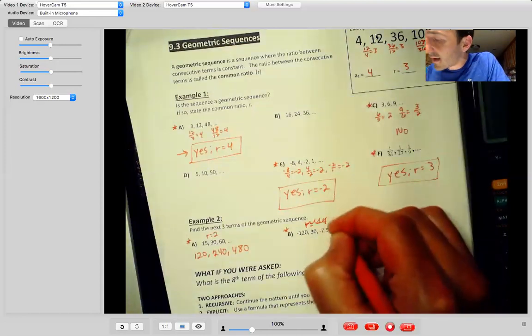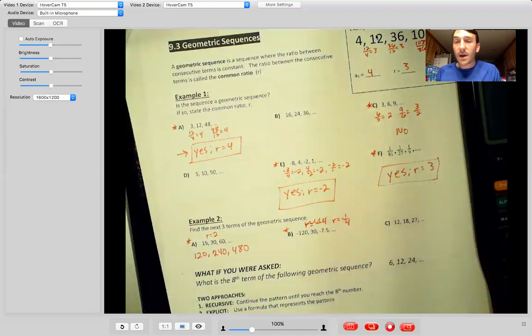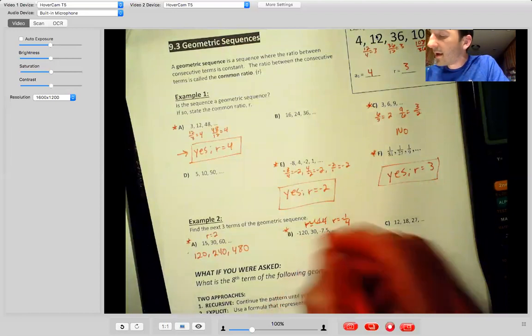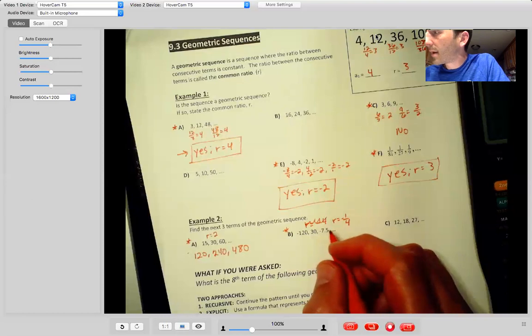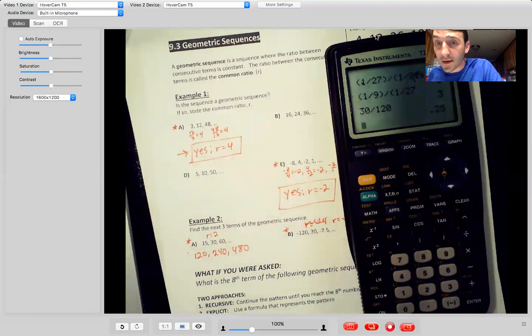So R is negative 1/4. Okay, so I caught that mistake because I could tell that my numbers were decreasing in absolute value, so it wouldn't make sense that R would have an absolute value bigger than 1. Anyways, negative 7.5 times negative 1/4 is going to be 1.9. Punch that in.